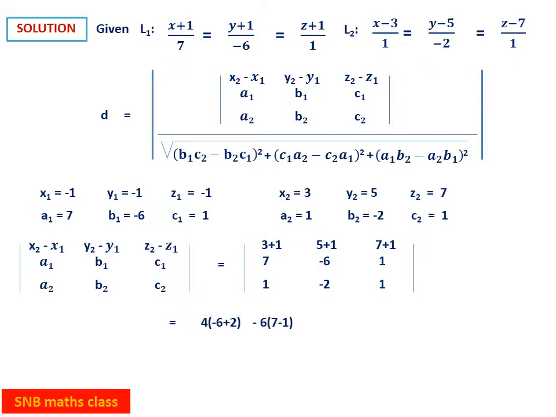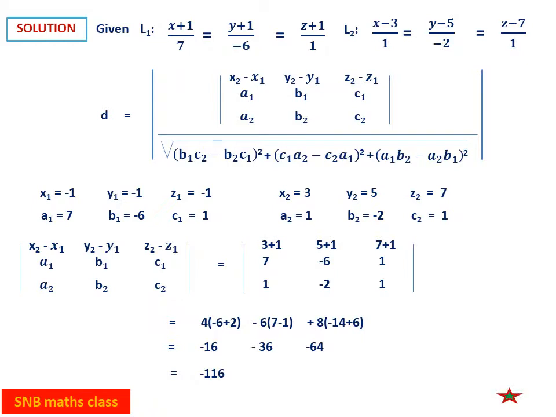Students, please note, you should do your own; not just by observing, you should actually practice by writing your own answer. So it is minus 60, minus 36, minus 64, so that is minus 116. So the determinant value is minus 116, please note.